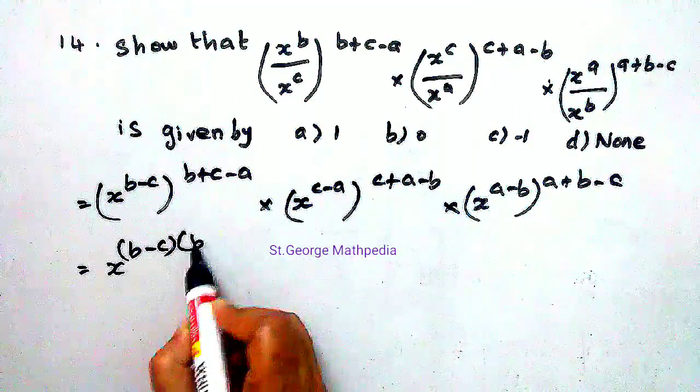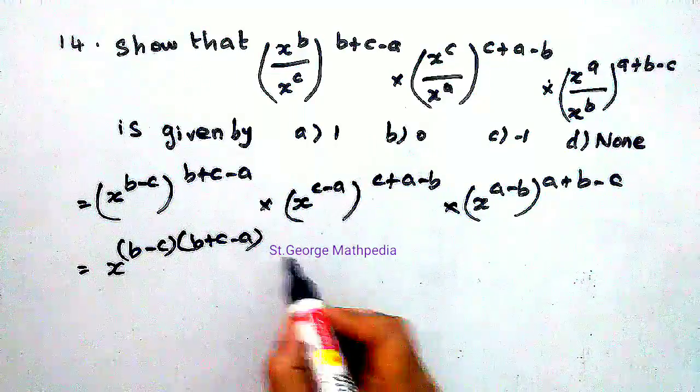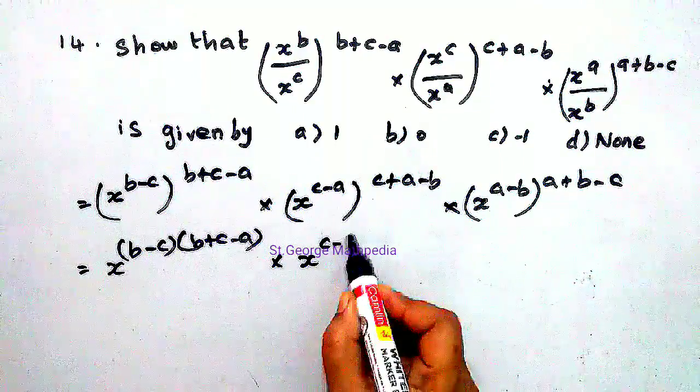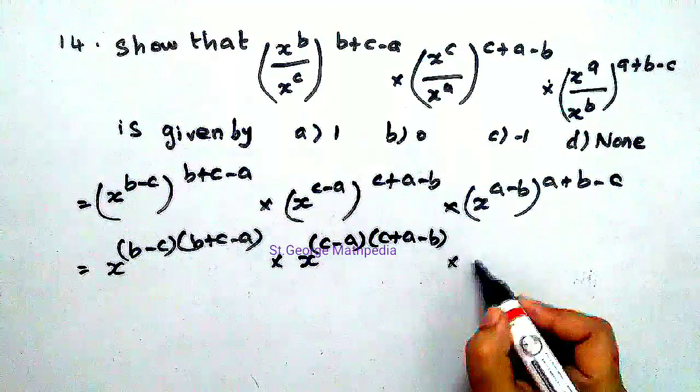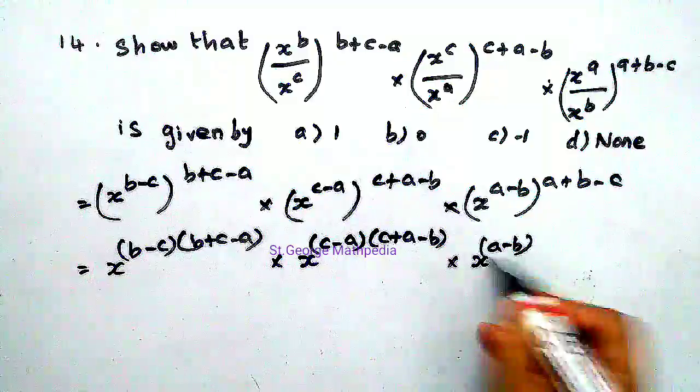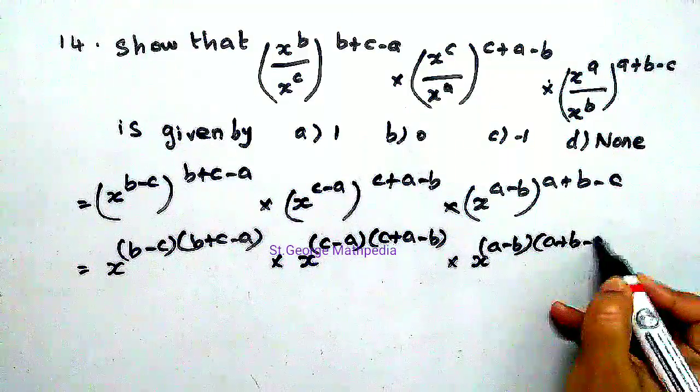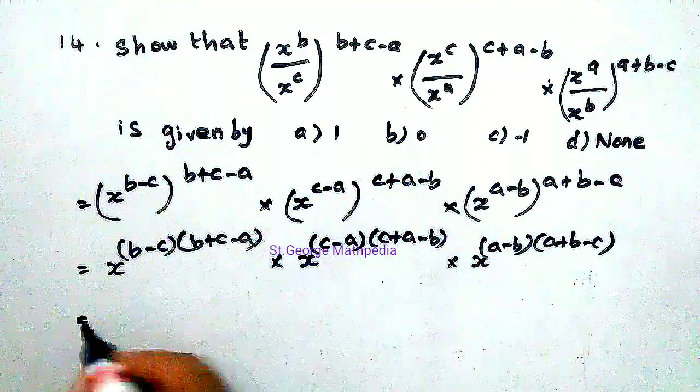x power (b minus c) into (b plus c minus a), into x power (c minus a) into (c plus a minus b), into x power (a minus b) into (a plus b minus c).